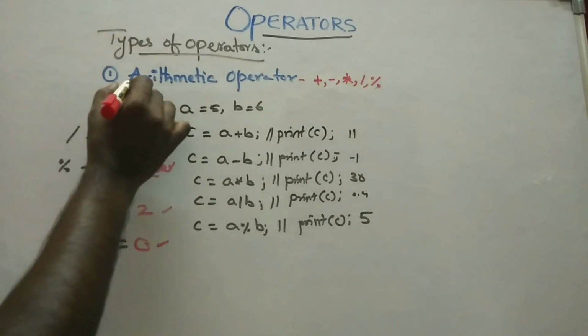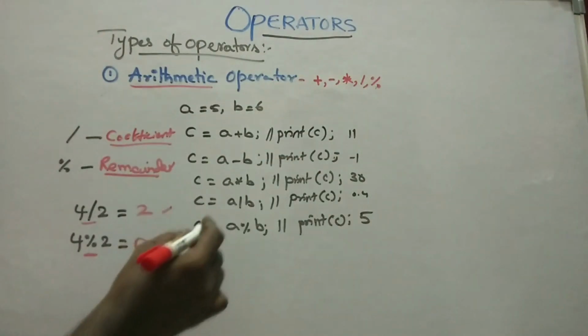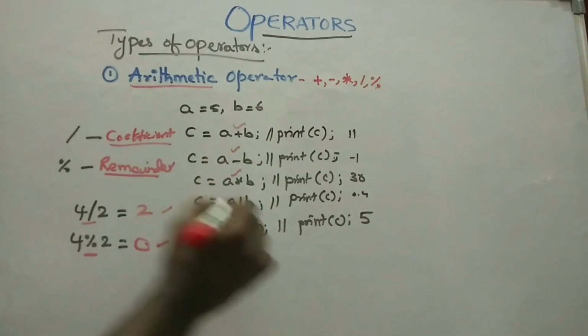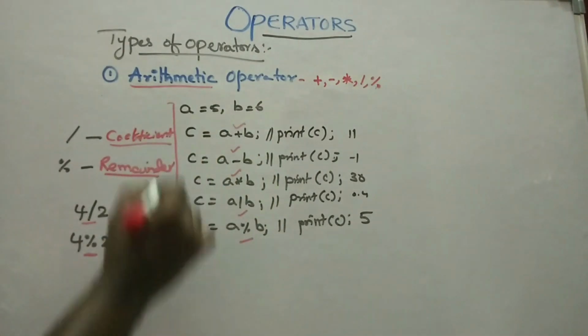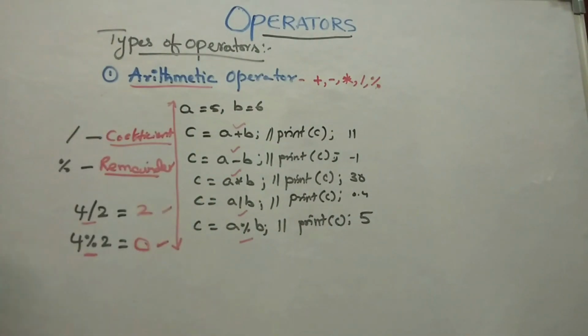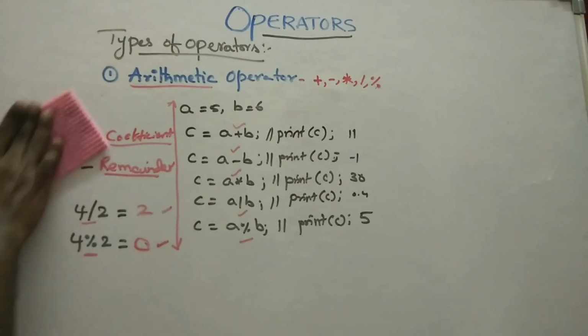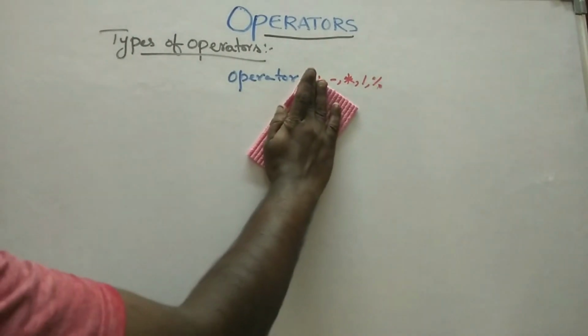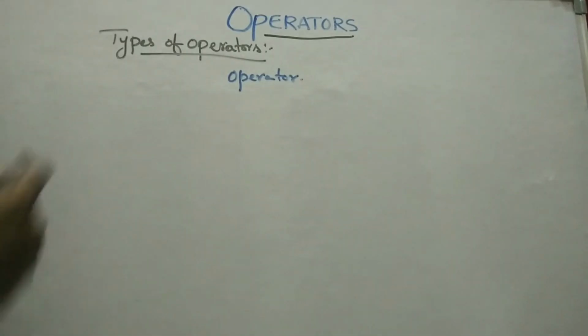By using the arithmetic operators, the operations we can perform are addition, subtraction, multiplication, division, or modular division. And the next one: what are the relational operators?